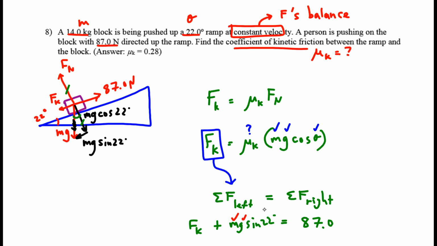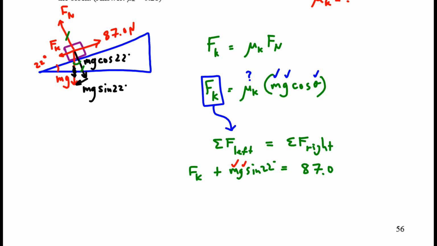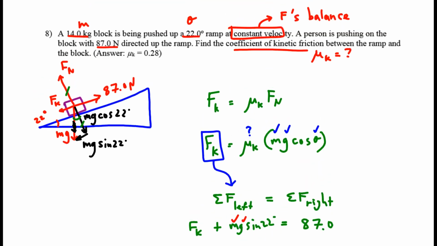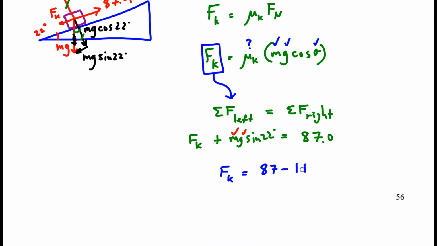Okay, so should we do this? I'm just going to cheat here. I'll say Fk is 87 minus, what's the mass? 14 times 9.81 times sine 22.